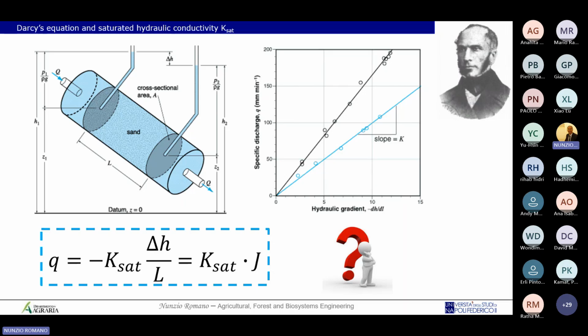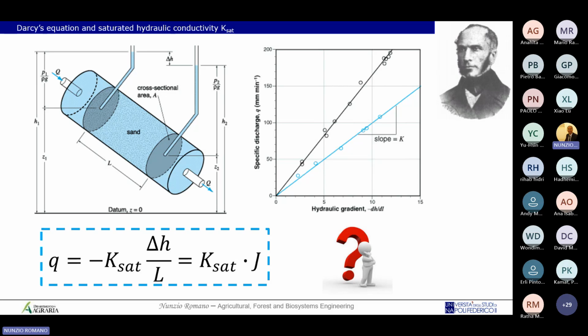The physical meaning of the minus sign is that the flow is opposite to the gradient of the flow, or the gradient of the pressure potential. It depends on the positive axis that you fix when you compute the gradient.